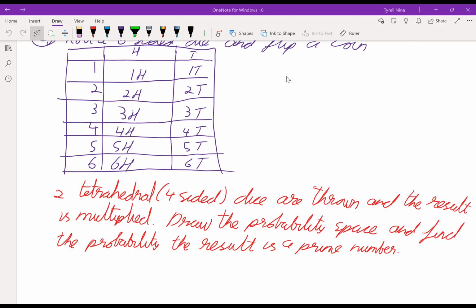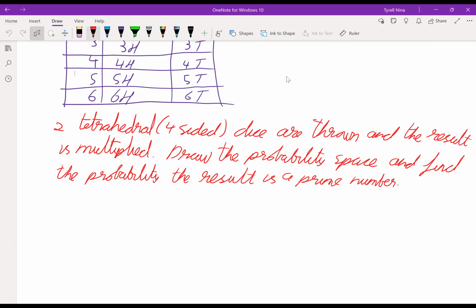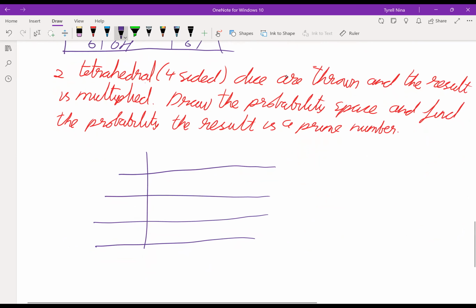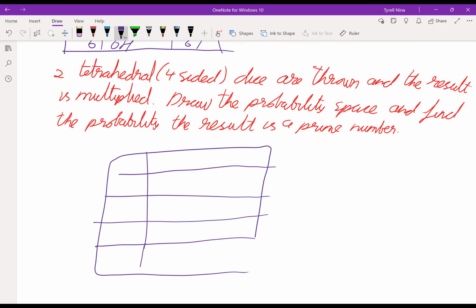All right, so in this case here, I have a four-sided die. So obviously make a table better than mine, right?